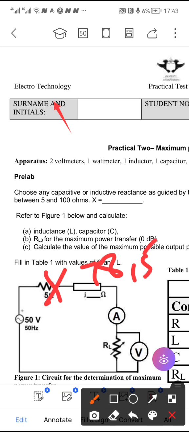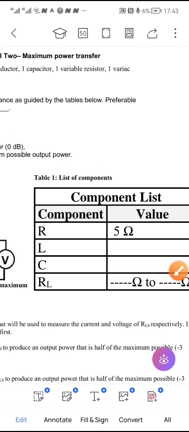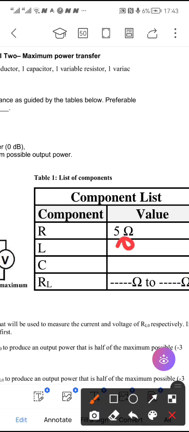Only the inductor, which is what is written there. Right. But you were asked to calculate the value of L after choosing. So let's say you started by choosing 78.5. Now, when you calculate, obviously, that will give you 0.25.